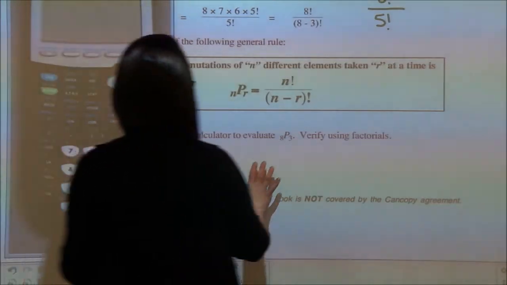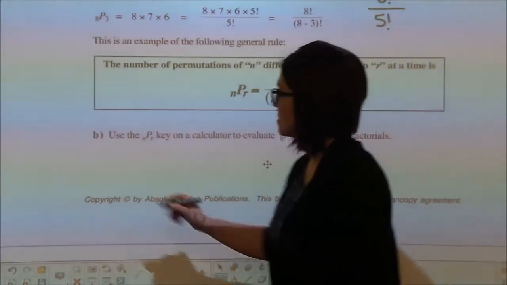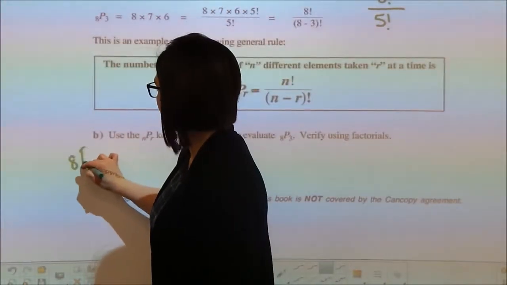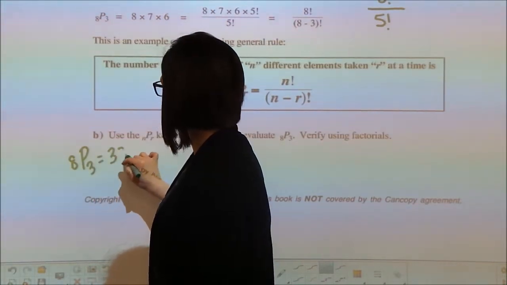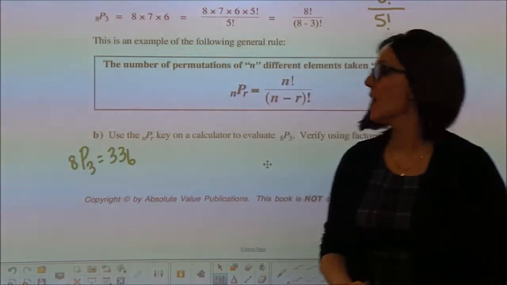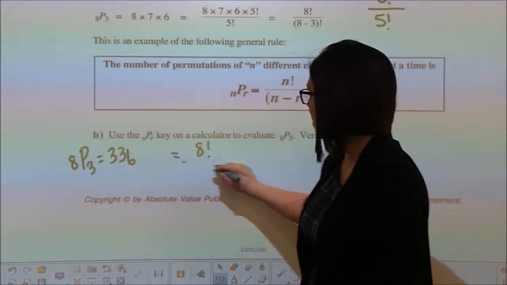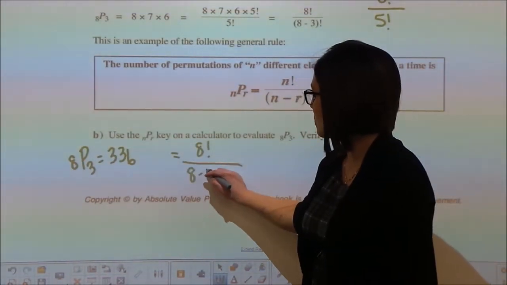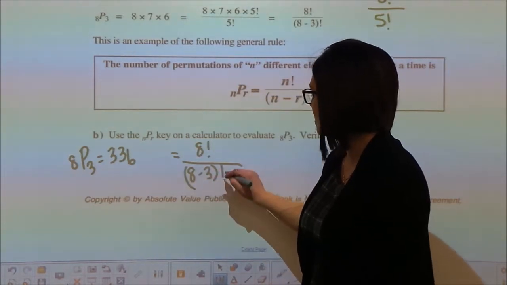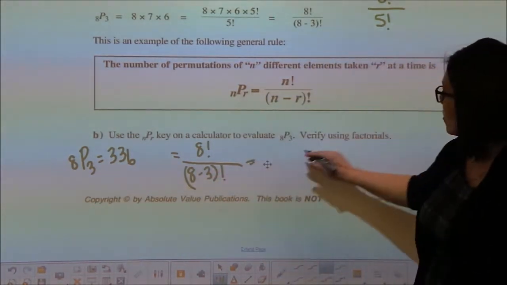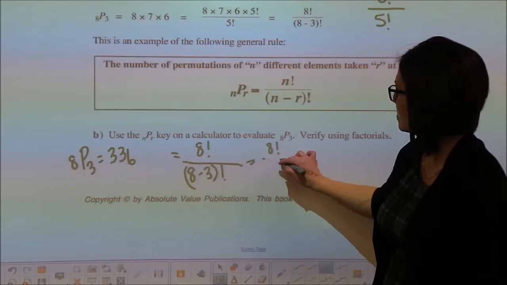So if we were to verify this with factorials, the calculator tells me this is 336. Factorials tells me it's 8 factorial over 8 minus 3 factorial, which is that 8 factorial over 5 factorial that I had put up here.